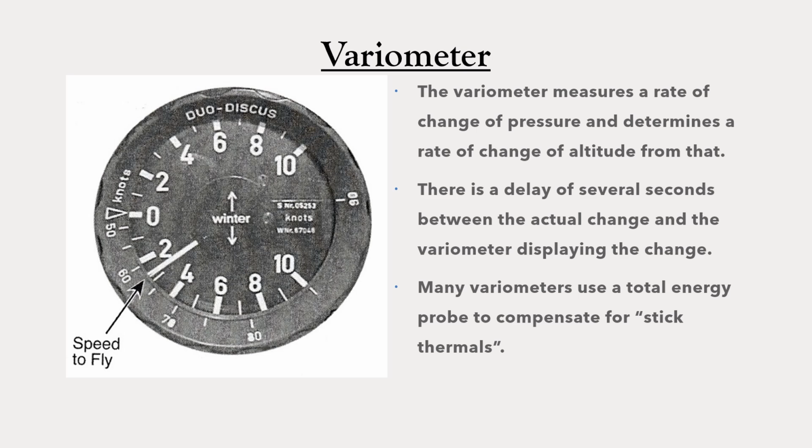And a feature that is common in variometers is something called a total energy probe, which is used instead of a static pressure to compensate for something called stick thermals. And by stick thermals, we're referring to the tendency that when you pull back on the stick and you're slowing up, the glider will climb.